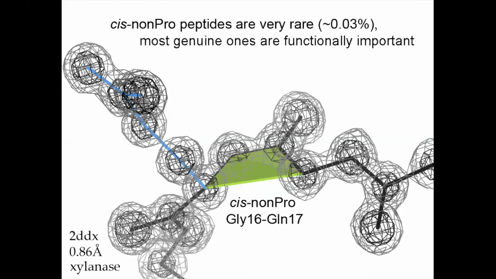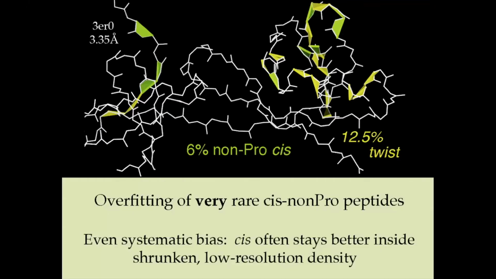However, there was an epidemic of people using way too many cis-non-prolines for about 10 years, between 2006 and 2016, in our libraries, which were good enough to show things that rare and know that they could be real. And the trouble is, it's worse than random because a cis peptide is more compact. And if your density is patchy or just very low, the cis peptide actually fits the density better, but it's wrong. And particularly if you have 2 or more in a row, they're wrong.